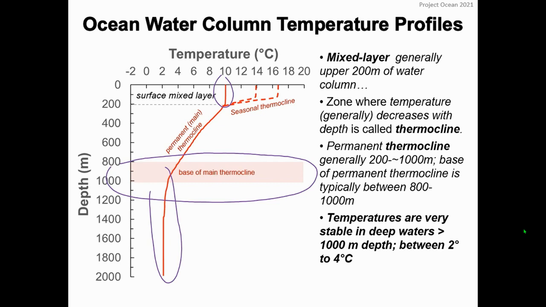In the summertime, you're going to have higher surface water temperatures, and in the wintertime, you're going to have lower. That's going to change the thermocline in that very surface water, but below that, it's really this deep water heat sink that's going to drive the shape of the permanent thermocline. So one can see different thermoclines. This permanent thermocline is what one would expect to find in most areas of the deep ocean.